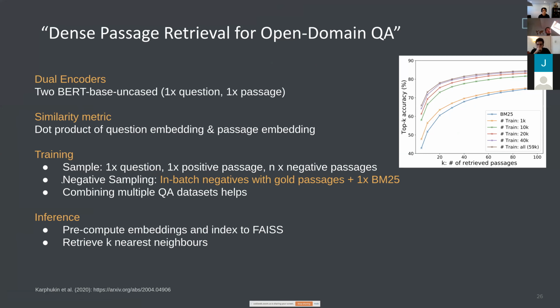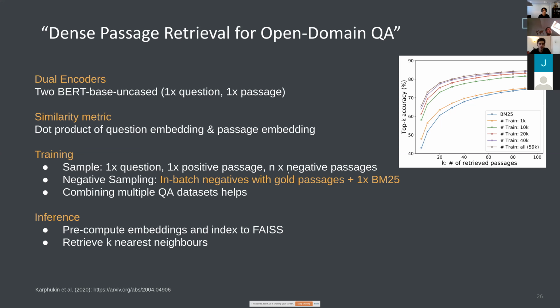In this particular paper, they are training on samples which consist of one question as an input, then one positive passage, so one passage that actually includes the answer, and then n negative passages. They experiment with different strategies for how to sample these negative passages.